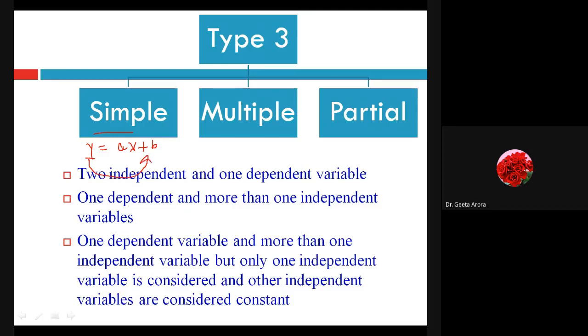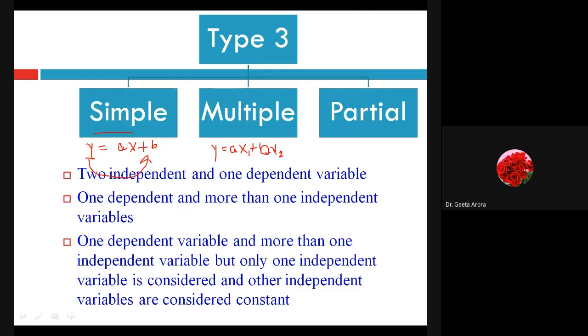Correct. When we talk about the multiple correlation, here we have y is equal to ax1 plus bx2, meaning the number of independent variables is more.